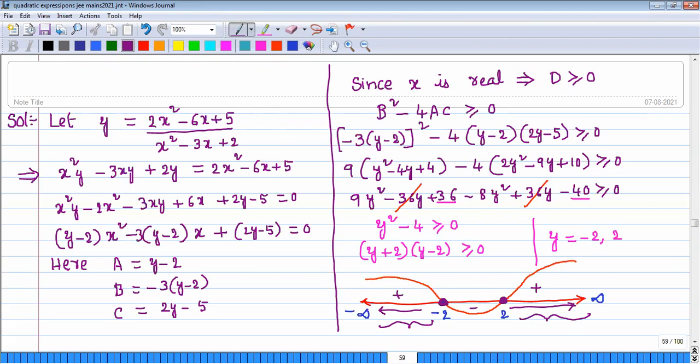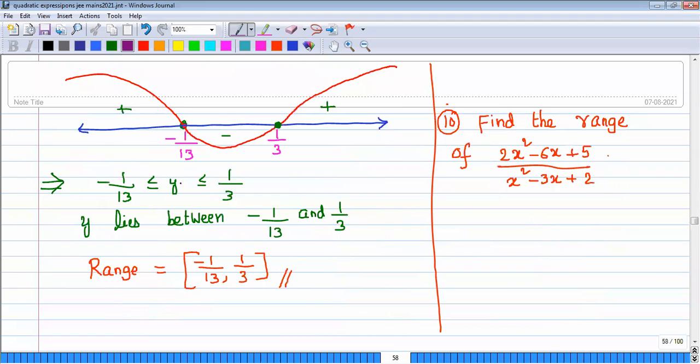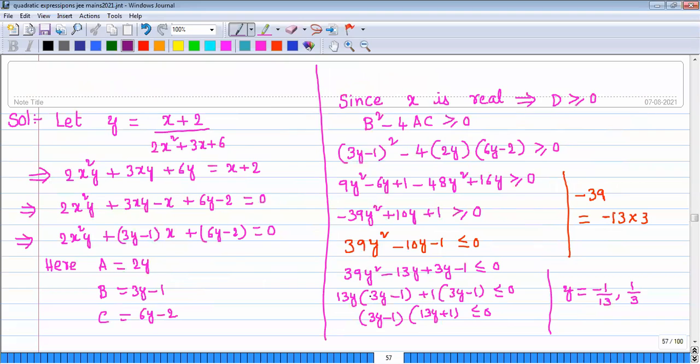Sir, why didn't you write it like minus 2, plus 2, sir? Repeat your question once again. You didn't write minus 2, plus 2, sir, for the range. Why? Yes, you remember in the previous cases, when the symbol was less than or equal to 0, that means the expression should be negative.